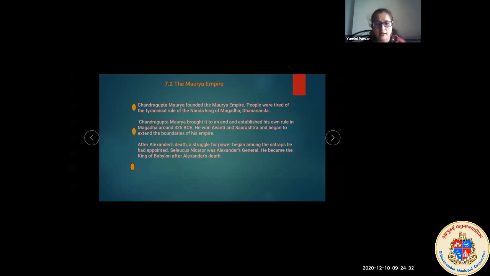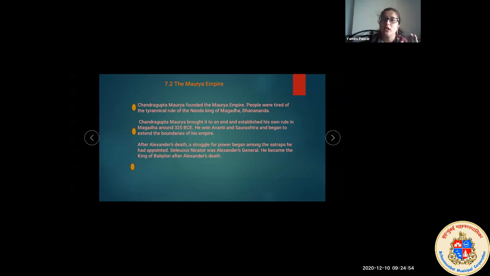Let's look at the third point. After Alexander's death, a struggle for power began among the satraps he had appointed. As you remember, children, I told you that Alexander had to move back because his soldiers rebelled, saying they did not want to fight more and wanted to go back home.